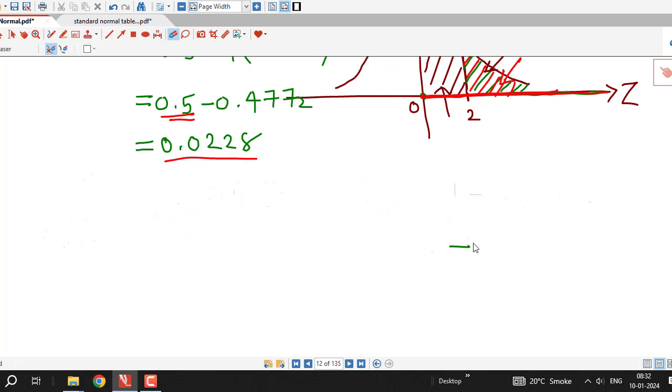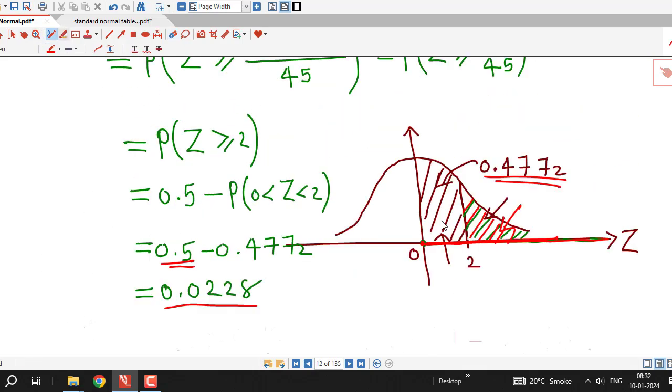It is advisable that we sketch the graph and we understand the areas as probability, and we will be able to calculate probabilities easily. Again I repeat that if we take addition of these two areas, area between 0 and 2 and area to the right side of 2, this is total area to the right side of 0, which is always 0.5.